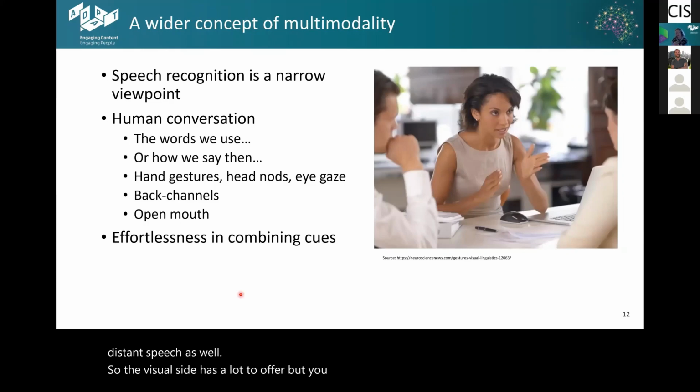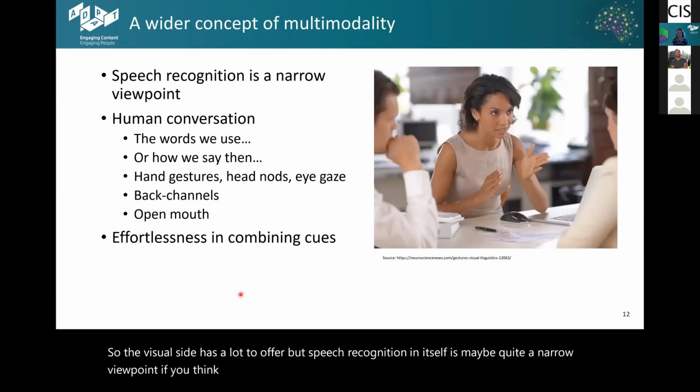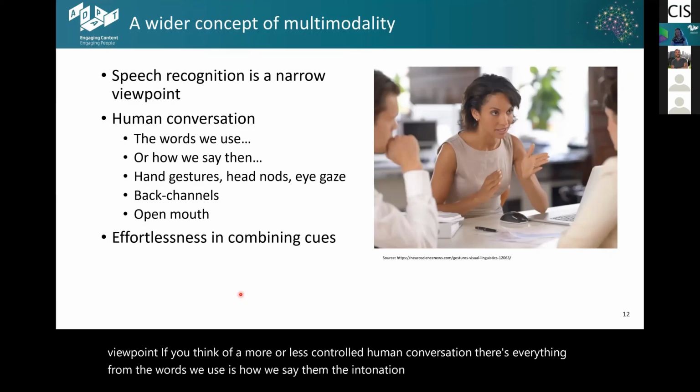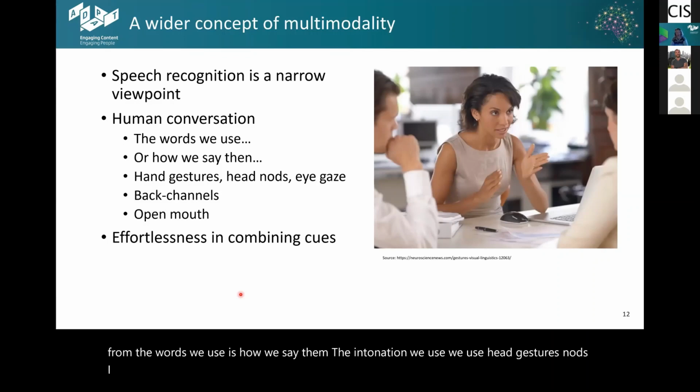We have an amazing ability as humans to effortlessly combine all these cues to understand speech. So if the nonverbal aspects of interaction are so important, it really is crucial that if we're developing speech technology, we take that into account if we really want to develop robust systems, okay?